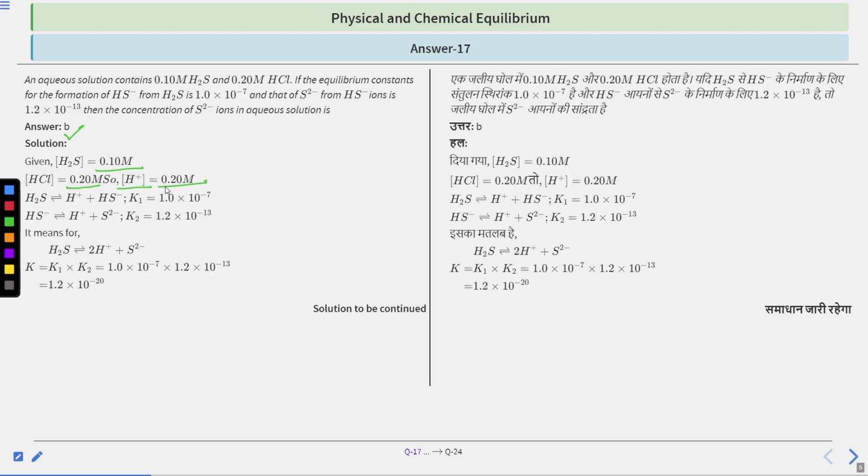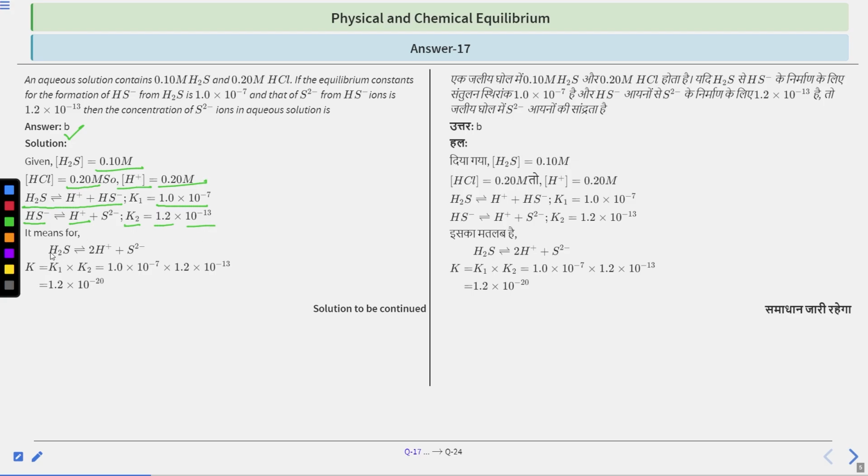Now you can see the reaction of H2S dissociating into H positive and HS negative ions, and for this the ionization constant K1 is 1 into 10 to the power minus 7. And HS negative dissociates into H positive and S2 negative, and for this K2 is equal to 1.2 into 10 to the power minus 13.